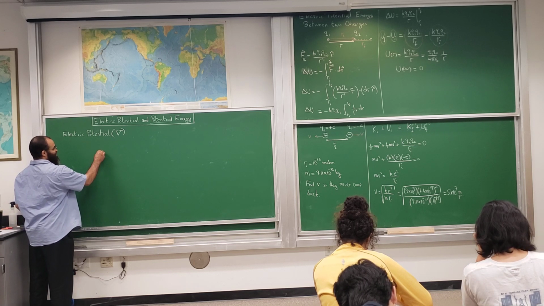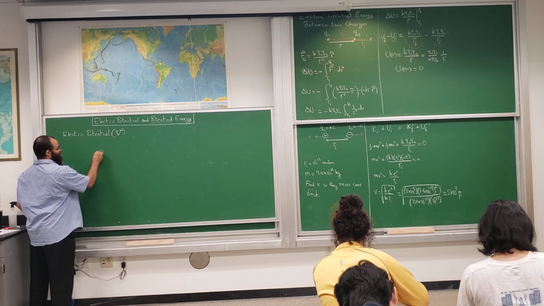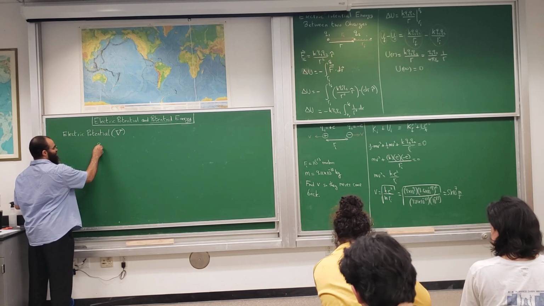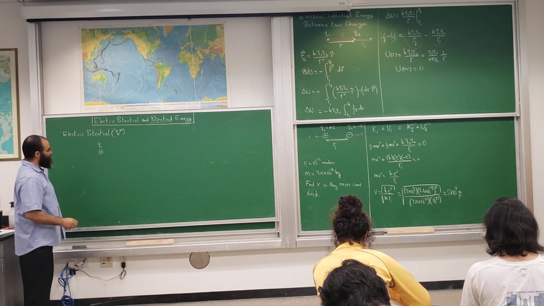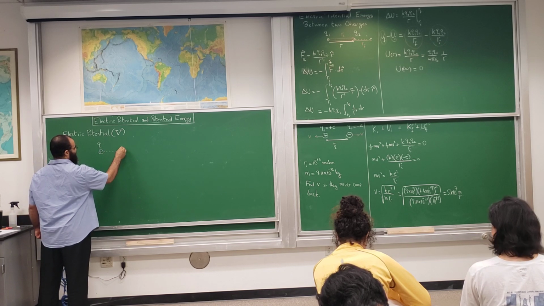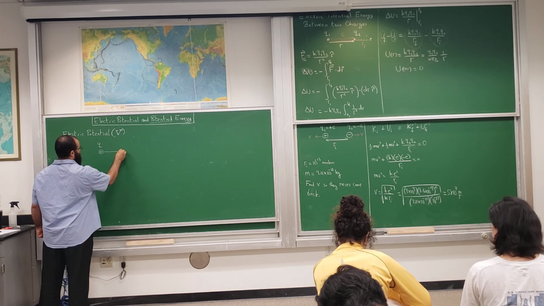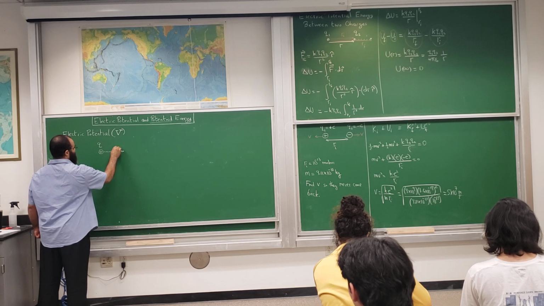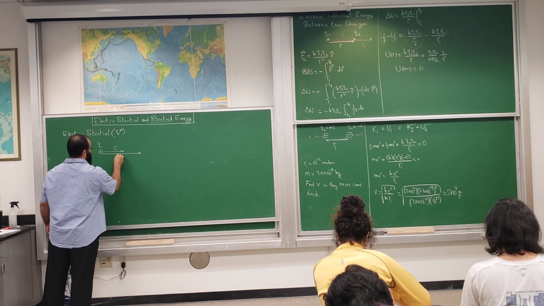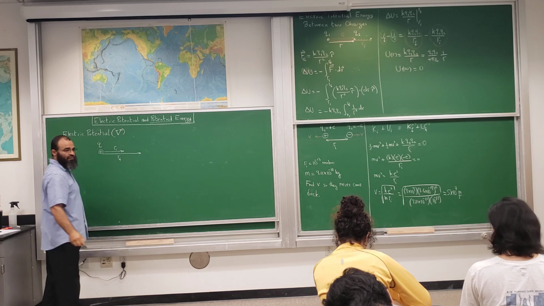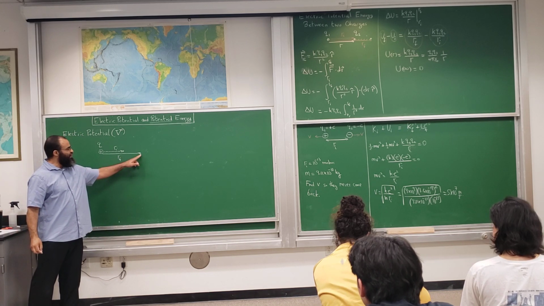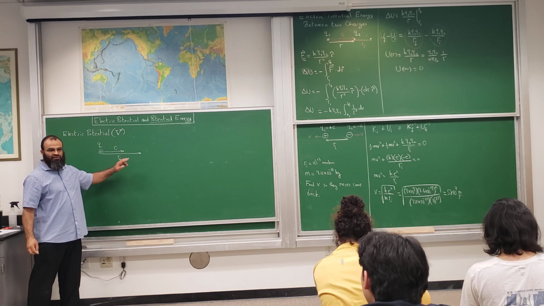So let's say I have a charge here. You can assume it's a plus charge, could be a negative charge, but for starters, let's just say Q. Here's a charge Q. Let's say at this point here called R initial, and at this point here called R final. What's the potential difference between R final and R initial?